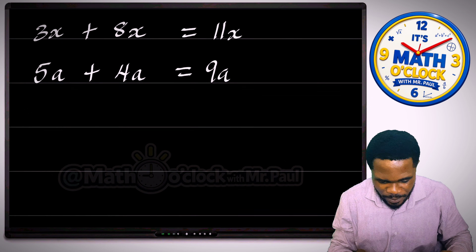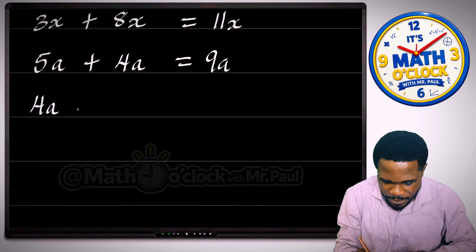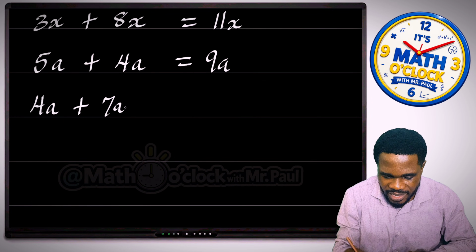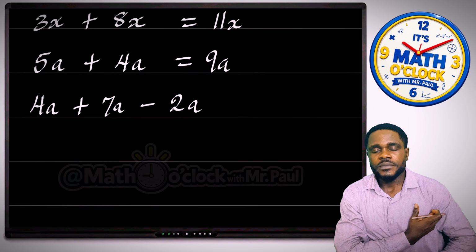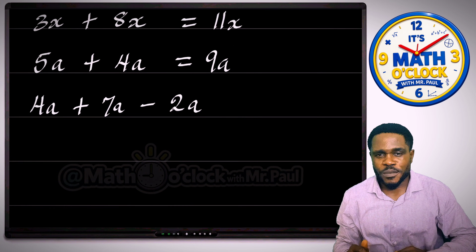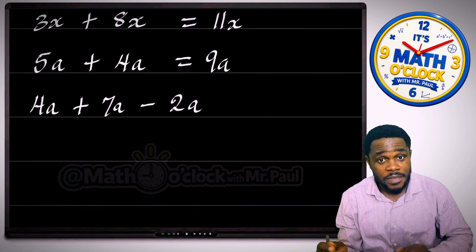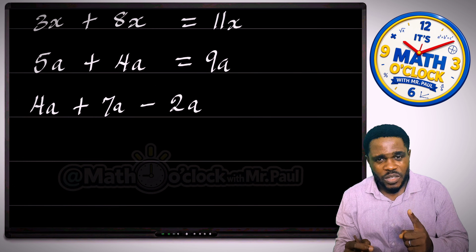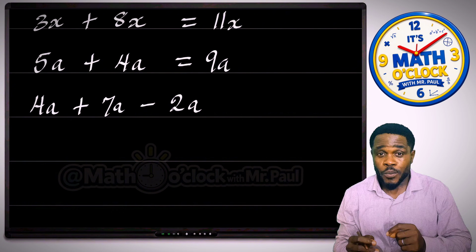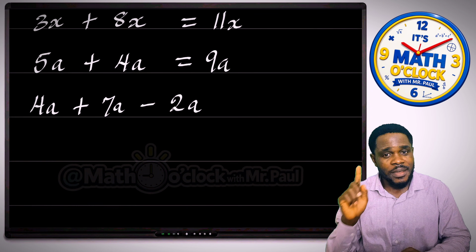Let's look at another example. Let's say we have 4a plus 7a minus 2a. What is this going to be? Because they are all like terms, we are just going to group them as well. But in grouping them, you notice that we have an addition sign there and we also have a subtraction sign there. We are not going to do away with BODMAS.